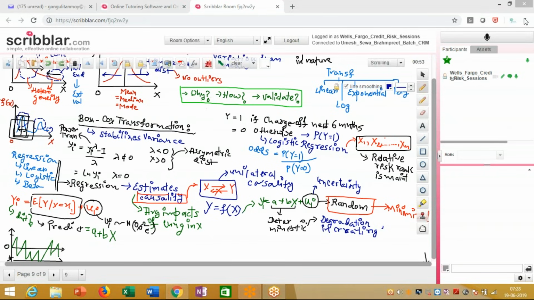Okay. So basically, what I was saying is that if we are trying to develop the models, the first thing before we decide on the choice of the models is to understand how the dependent variable is distributed.